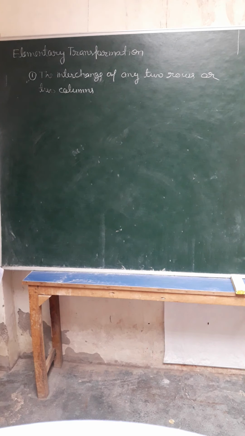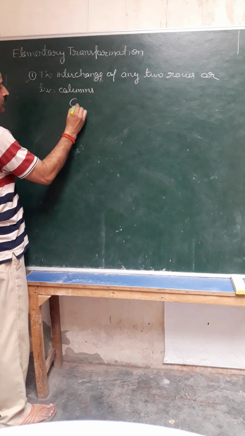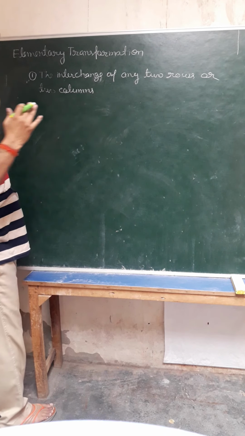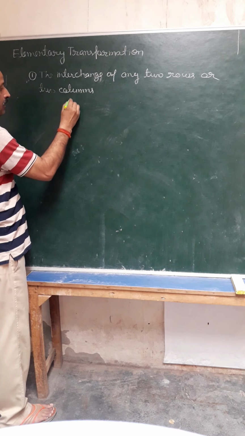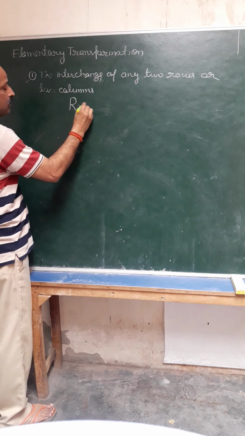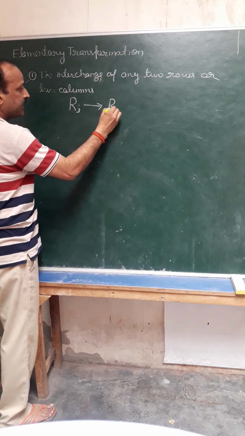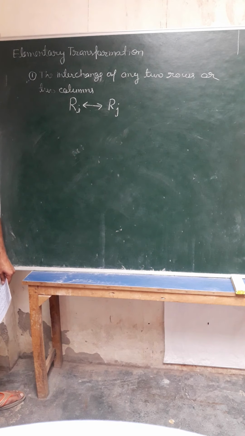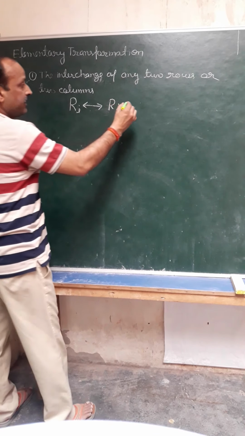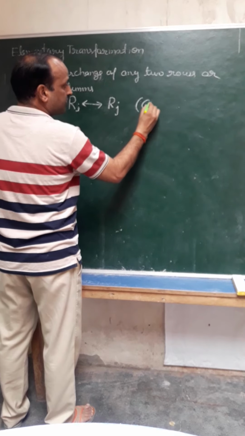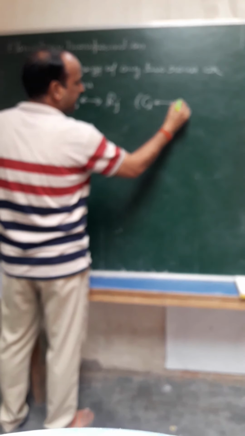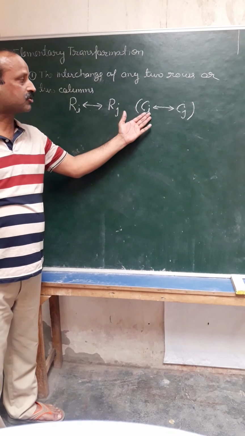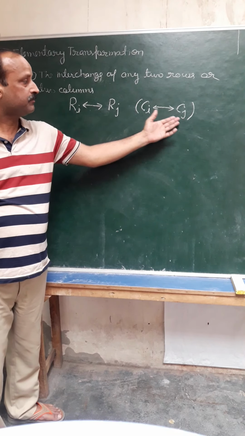When we interchange rows, mathematically, the ith row can be placed at the jth row and the jth row can be placed at the ith row. Similarly, when we apply the operation for columns, we represent it as the interchange of the ith column and the jth column like this.